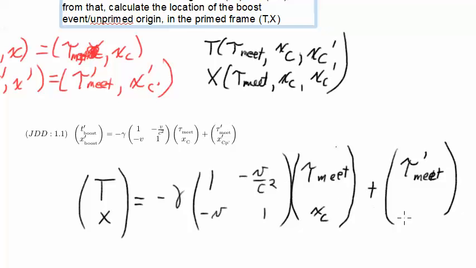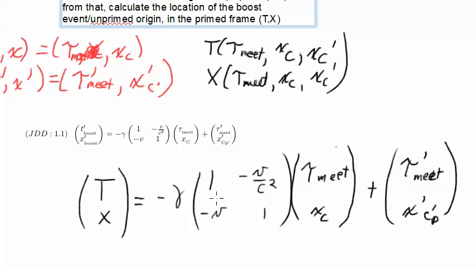And then x prime. I wrote c prime there, but the prime didn't show up very well in the subscript. So this is the position of the primed clock in the primed frame. And really that's our answer.